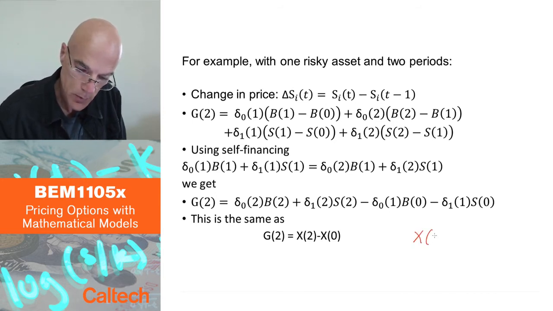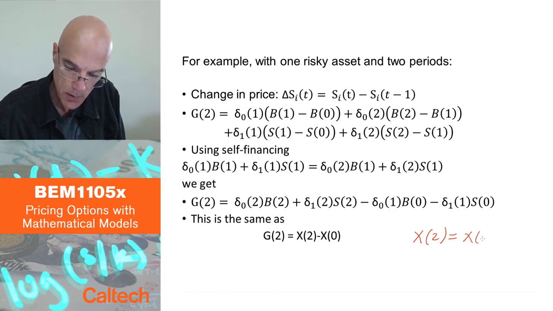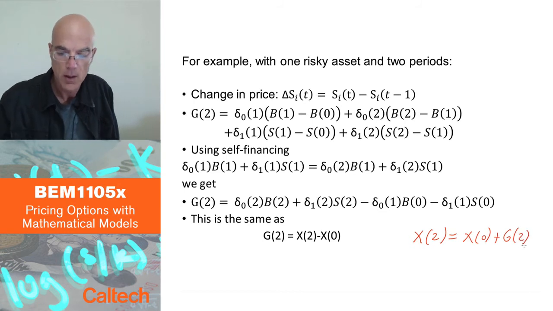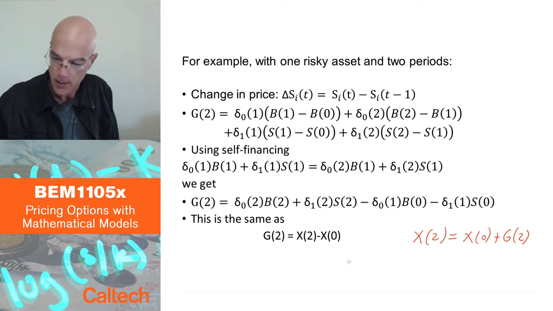Actually, I'm not going to show the discounted version. I'm going to show the non-discounted version, even that is not completely obvious. I'm going to show that x of 2 is equal to x of 0 plus g of 2. That's what I'm going to show, which is equivalent to this last line here. So let's do that.